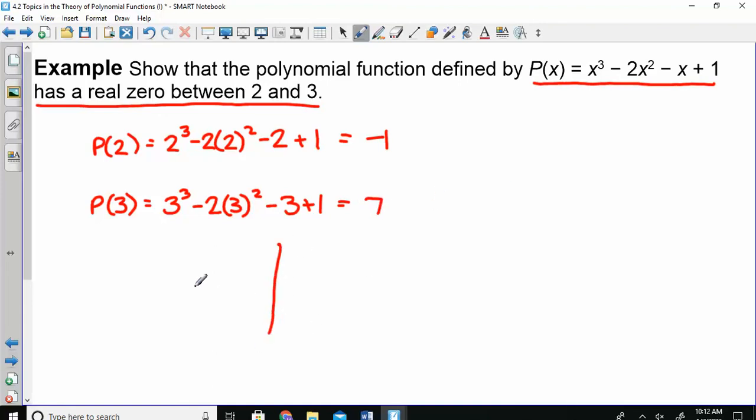So what that means, you don't need to draw a picture, I'm just doing that to illustrate what happens. 2, negative 1 is the point on this graph, and 3, 7 is a point on the graph. Since we know it's continuous, the only way to get from a negative to a positive is to hit 0. So the sign changed.